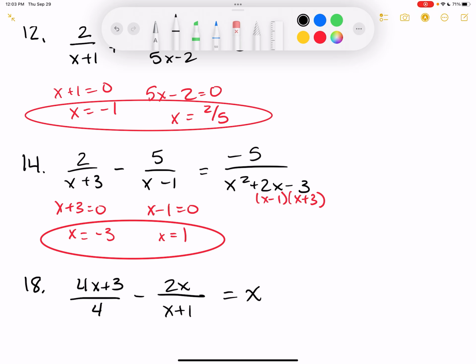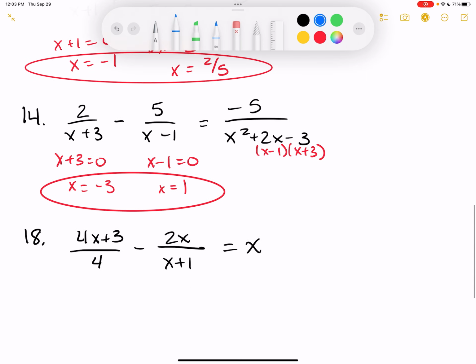I hate this, and this is what algebra is. Anyway, how do I do that? Multiply something. Multiply 4 and x plus 1.